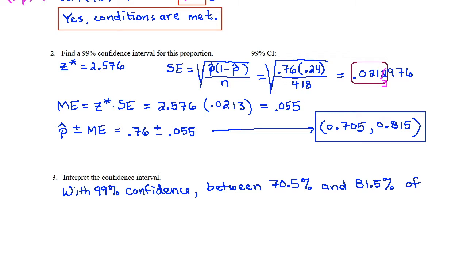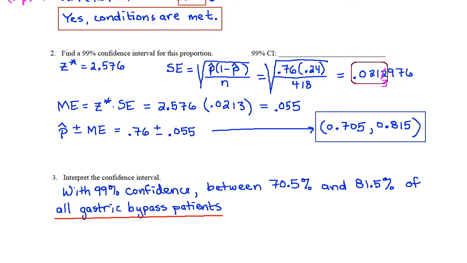So for example, I'm going to start out this statement by saying with 99% confidence between 70.5% and 81.5% of, now I need to define the population and what we're counting and make it into a statement that makes sense. All gastric bypass patients is my population, so that comes next.